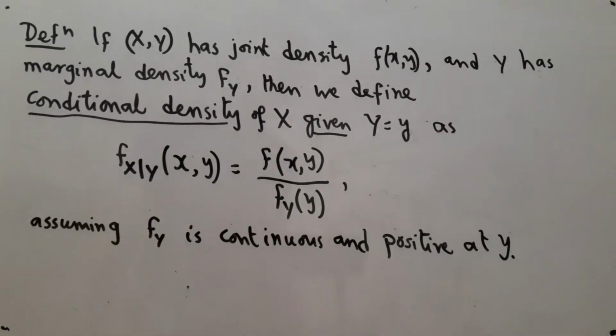Assuming fy is continuous and positive at y. Continuity fixes this value and I assume positive so that I can really define. And indeed our heuristics works when these densities are actually continuous.